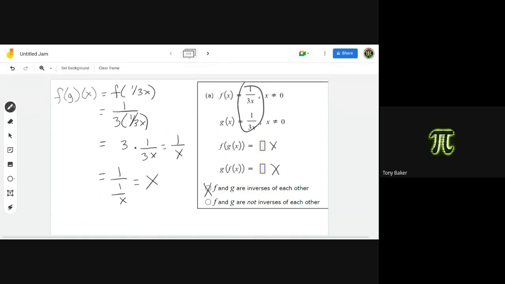Okay, so what does an inverse do in addition? If I take the inverse of 2 and I add them, I get what? 0, because it cancels itself out, right? If I did multiplication, the inverse of multiplication is division, right?